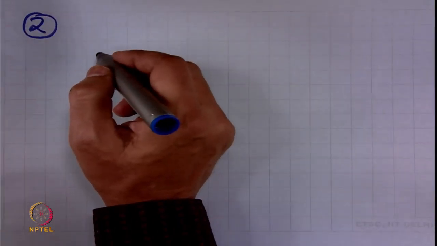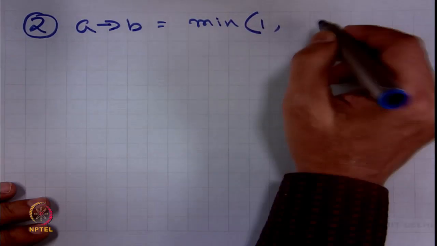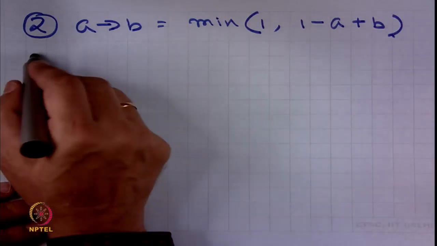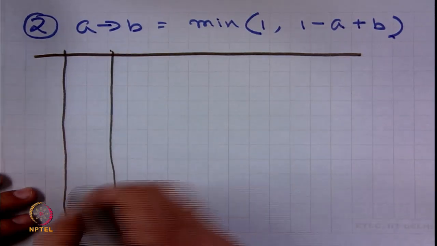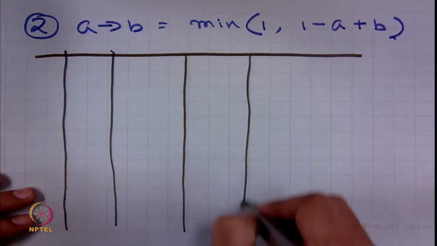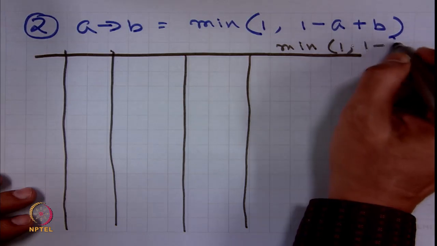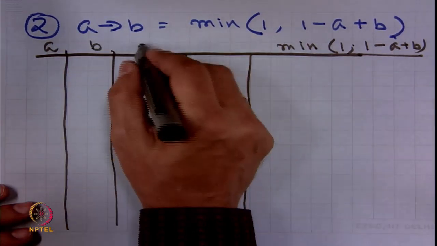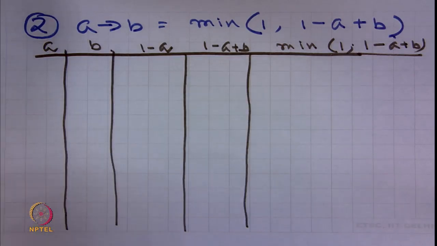Let us now consider the second formula. A implies B is equal to minimum of 1 comma 1 minus A plus B. As before, we draw the table, and these headings are A, B, 1 minus A and 1 minus A plus B. So, let us see what happens with the values.